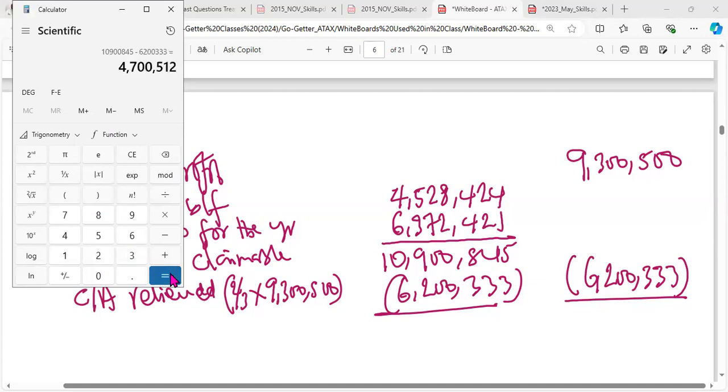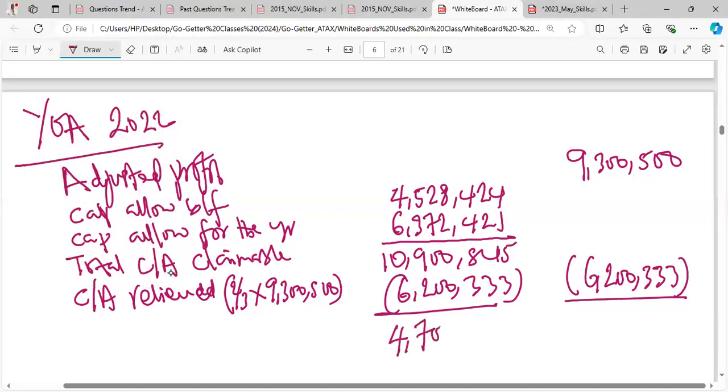That will give me 4,700,512. So this is capital allowance carried forward.